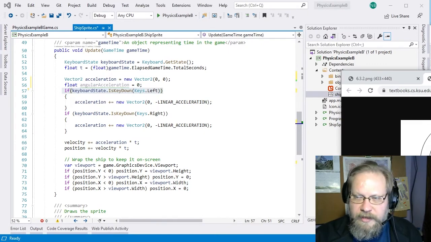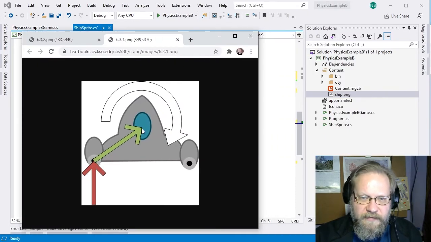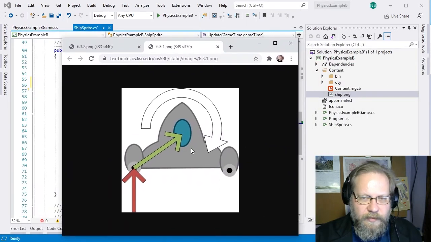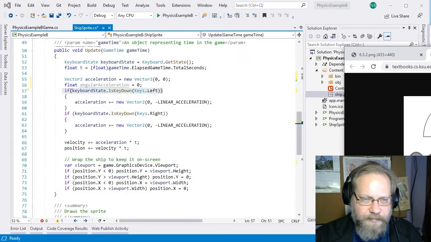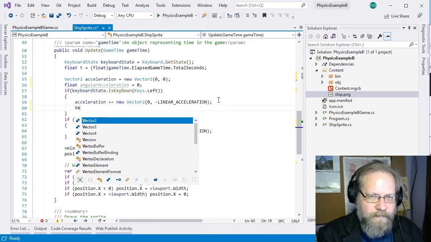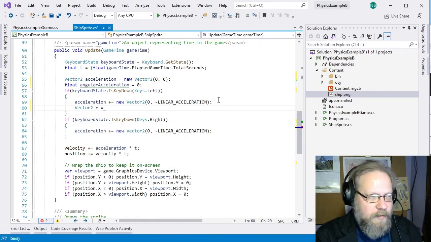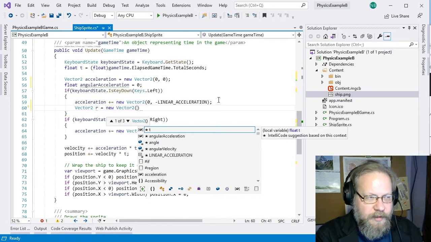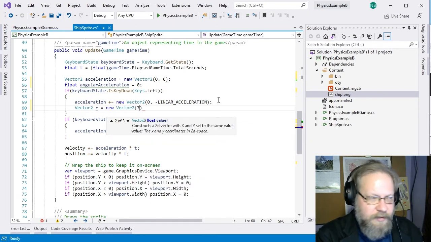And to find that torque amount, we take this vector to the center of the ship, that vector r, and we're going to cross product that with the force vector. So we need our vector r, which is going to be a new Vector2, and we'll go ahead and set this to be 76 and 50.